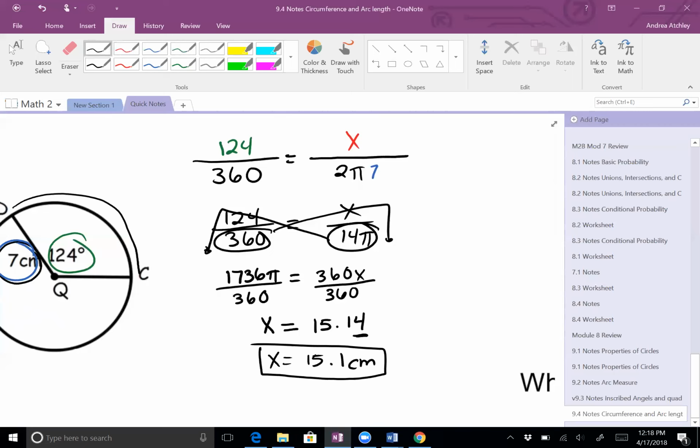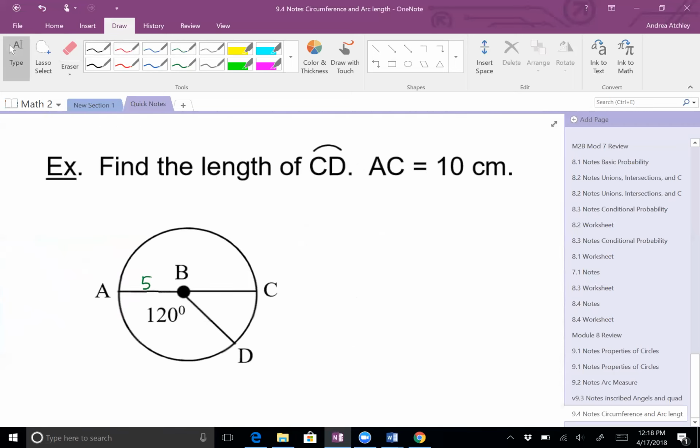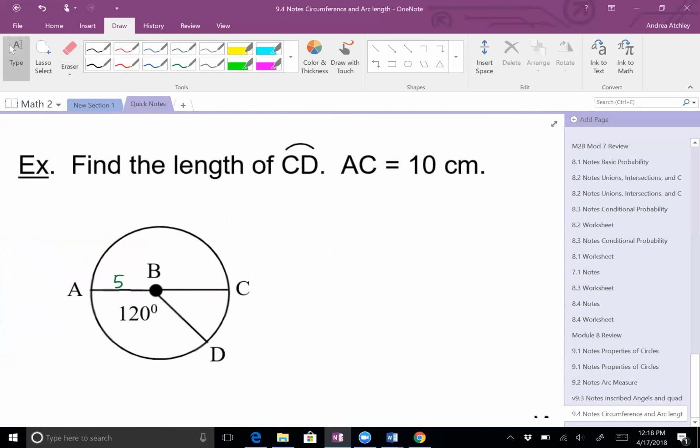Okay. Next one. Okay, find the length of CD. So we're looking for this. Do I have the central angle there? How do I find that central angle? Subtract from what? 180. This is a diameter because it goes through the center of the circle. So 120 and this equal 180 degrees.